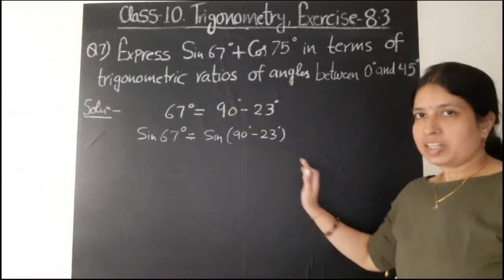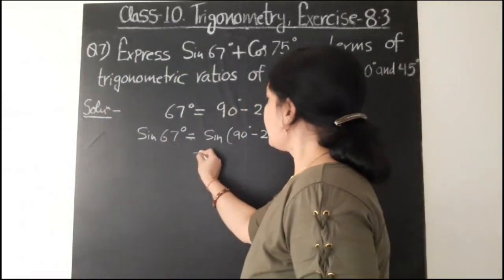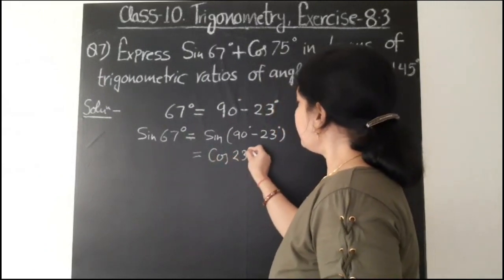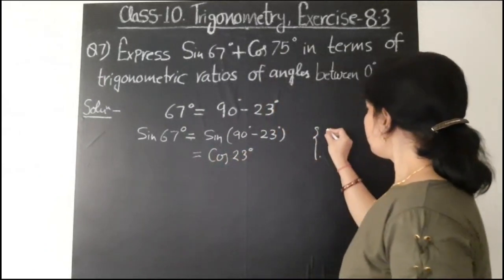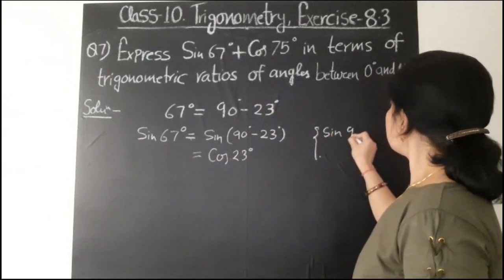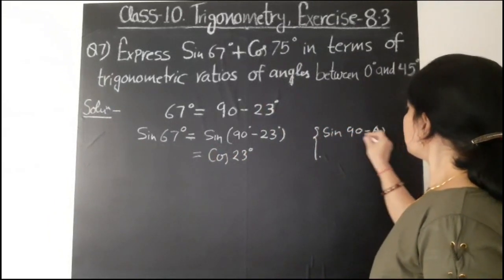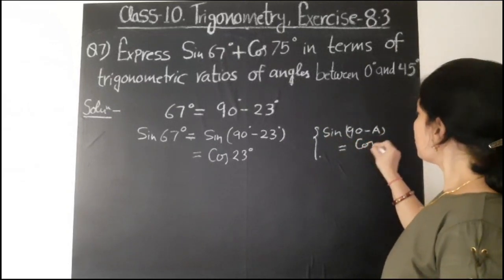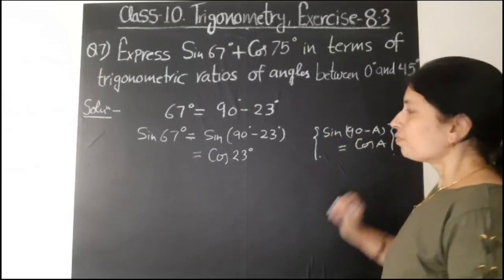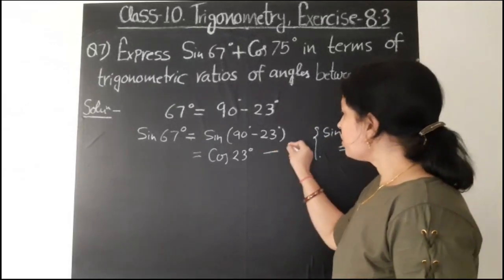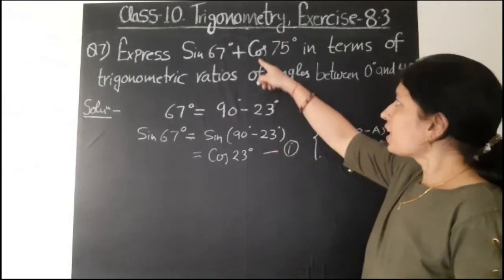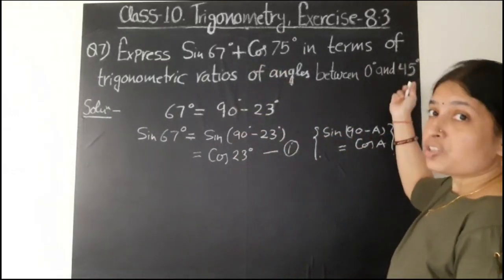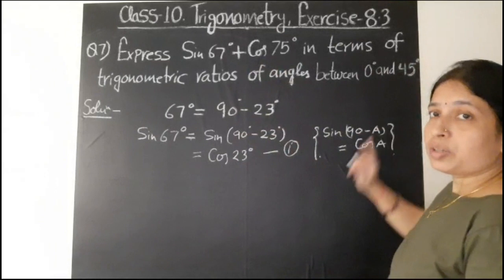Sine 90 minus A is cos A. So write here directly cos 23 degree. And you have used which formula? Sine 90 minus A is equal to cos A. Okay, suppose this one is 1. Second one is here 23 is less than 45 and greater than 0. So it is in between 0 and 45 degree.